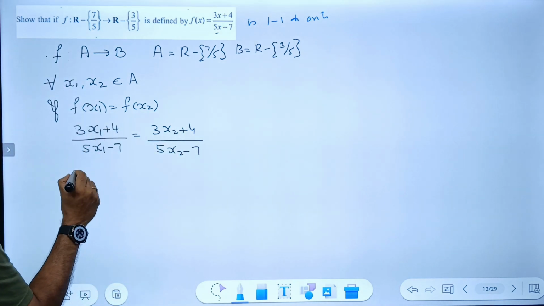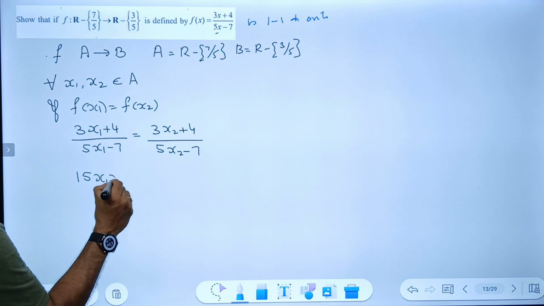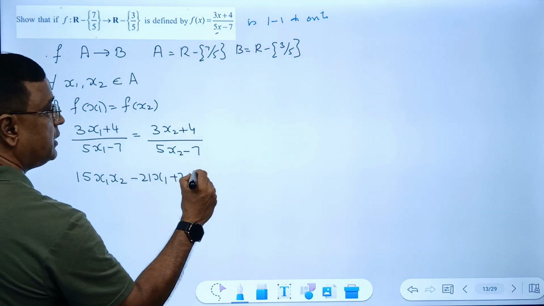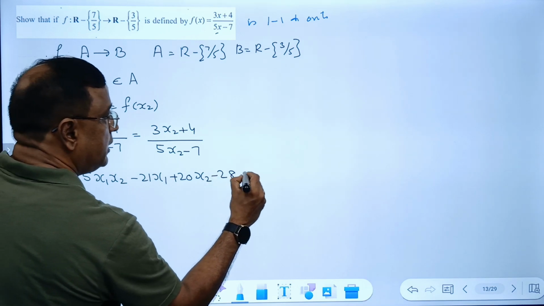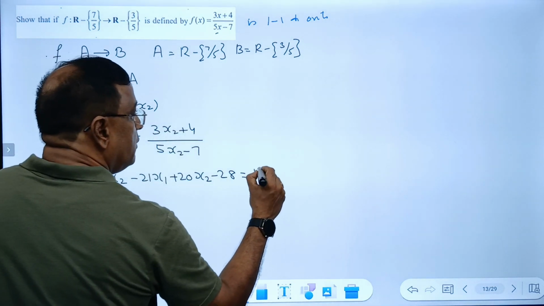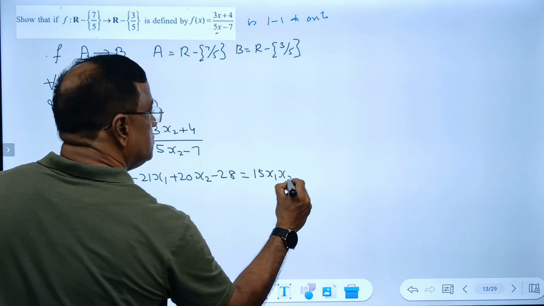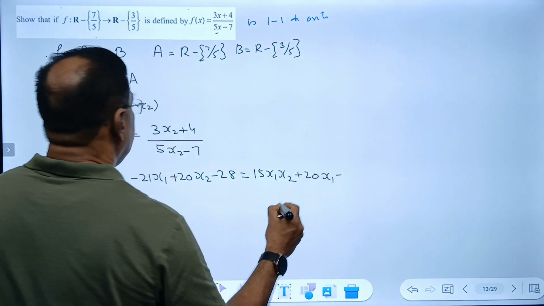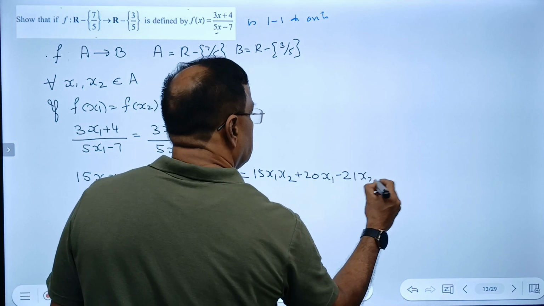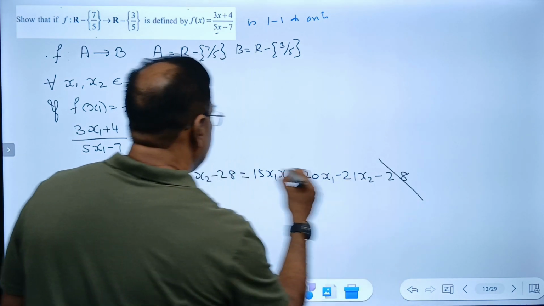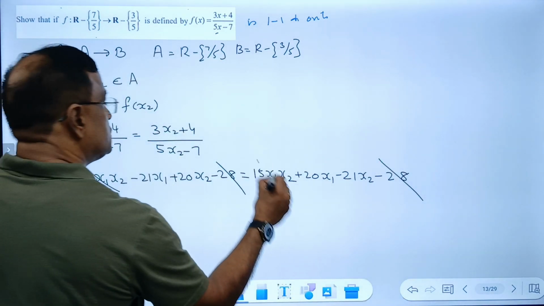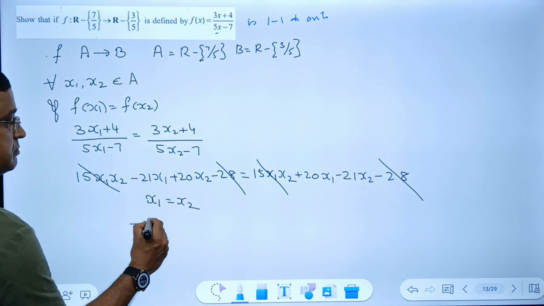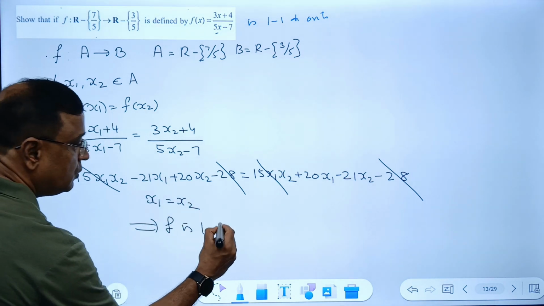Cross multiply, I get 15x1 x2 minus 21x1 plus 20x2 minus 28 equal to, cross multiplying again, 15x1 x2 plus 20x1 minus 21x2 minus 28. Minus 28 gets cancelled, 15x1 x2 gets cancelled. Clearly x1 equal to x2.